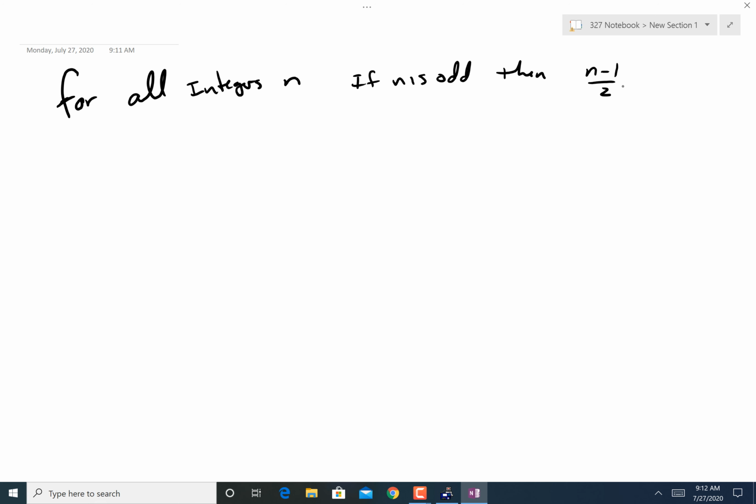All right, here is another one here, perhaps. For all integers n, if n is odd, then n minus 1 over 2 is odd.